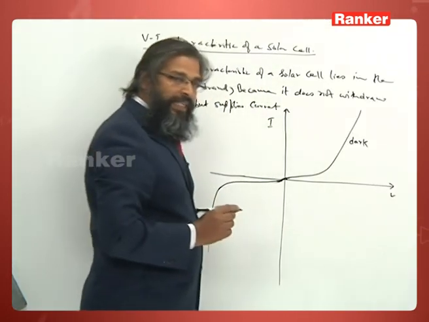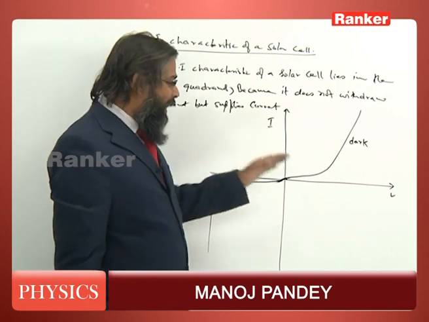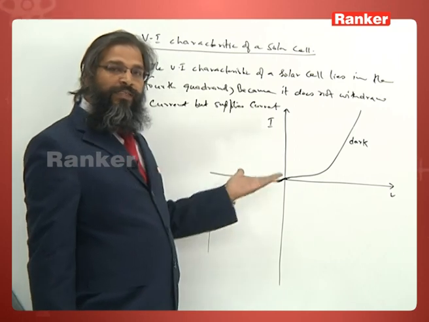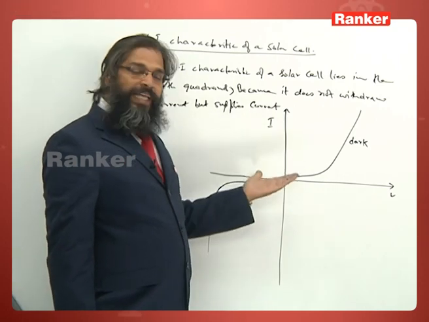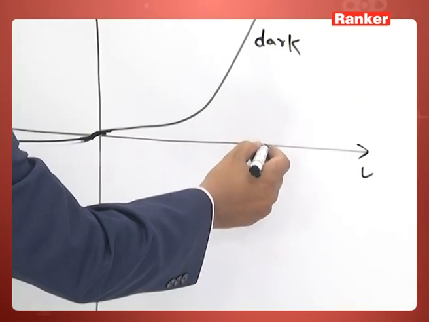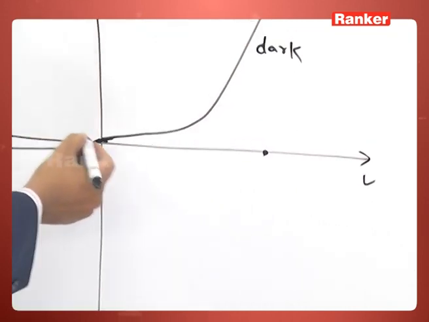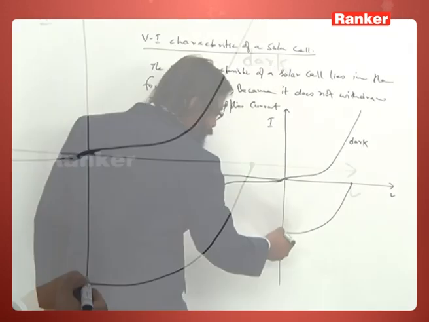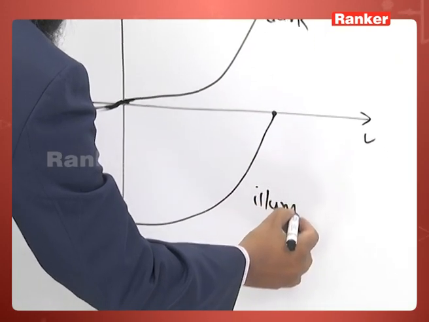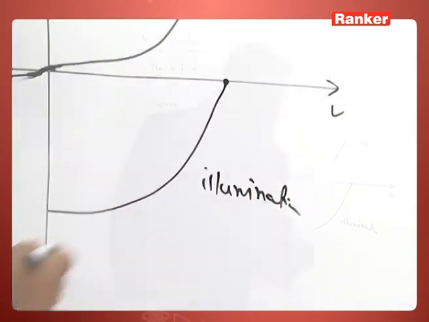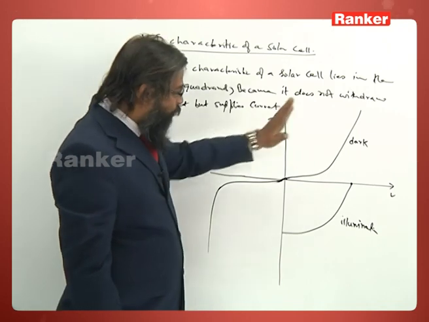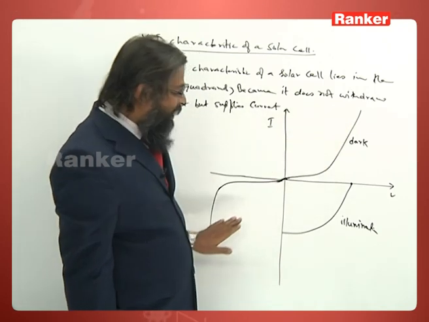If you draw the VI characteristic of a solar cell in dark, we will get this curve. It works like a normal p-n junction, but when we illuminate it, this graph goes something like this. So this graph is under the condition of illumination, whereas the dark graph is where it behaves as a normal p-n junction.